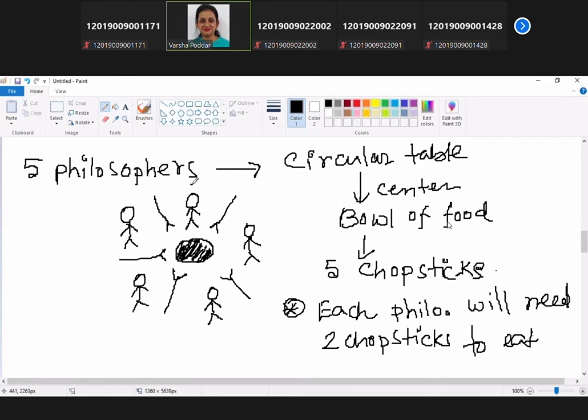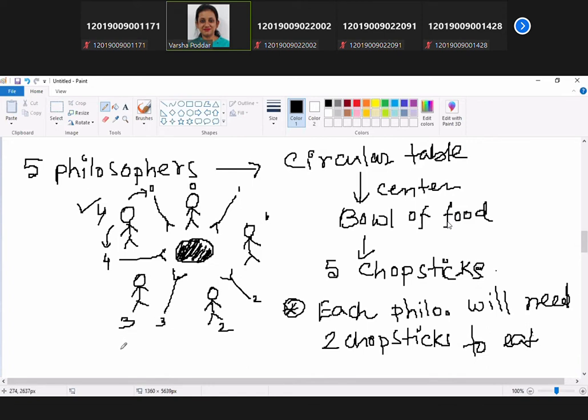Suppose this is philosopher number 0, this is 1, this is 2, this is 3, this is 4. Again, if I go by chopstick numbering, this is 0, this is 1, this is 2, 3, 4. Suppose philosopher number 4 wants to eat. So it requires chopsticks 0 and 4 both.